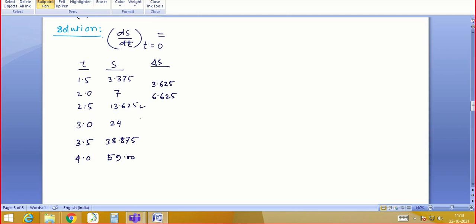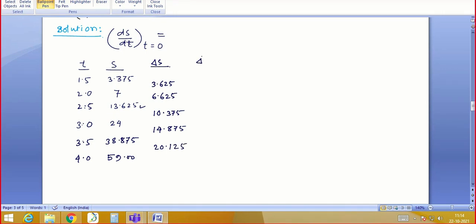Subtract this value from 24: 10.375. 38.875 minus 24 is 14.875. And this position will be 20.125.